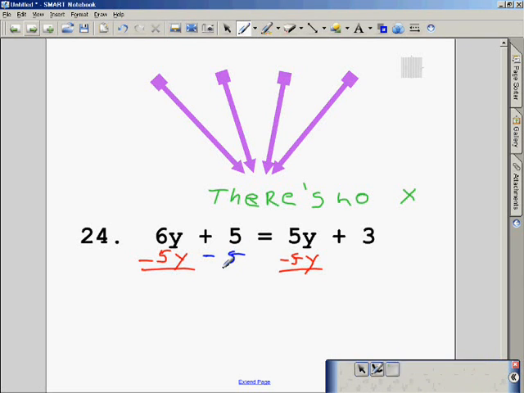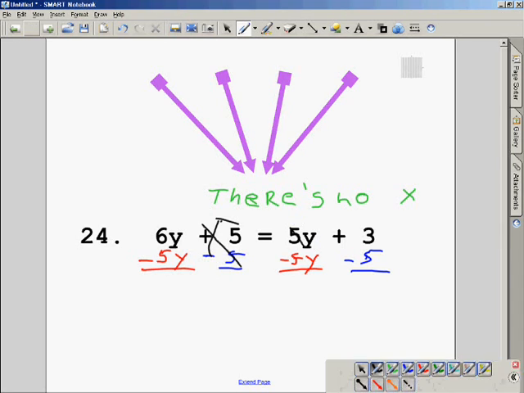We can do 2 steps in one here. And what we see happening is that the 5's on the left cancel and the 5y's on the right cancel. And we finish doing the math here. 6y take away 5y is y. Bring down the equal sign. And 3 take away 5 is -2.